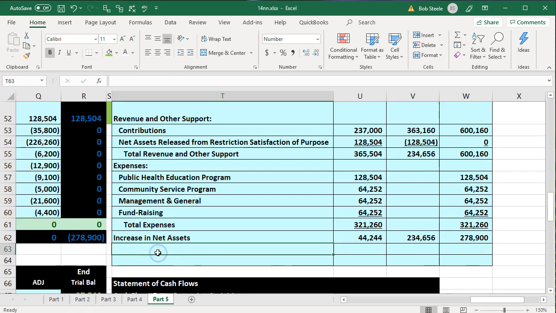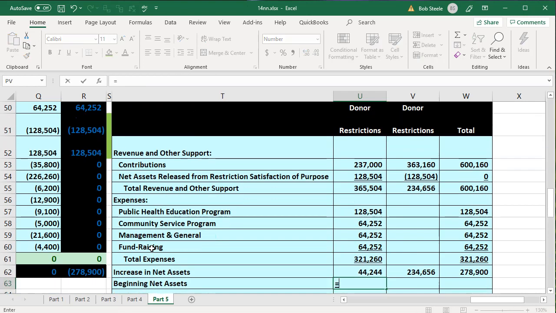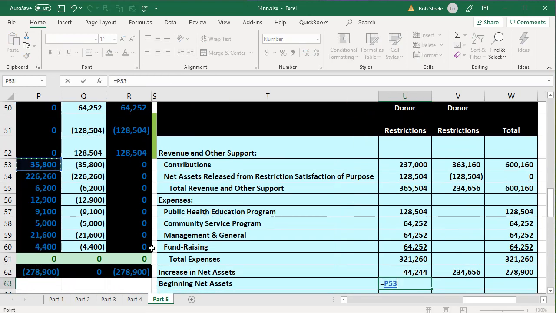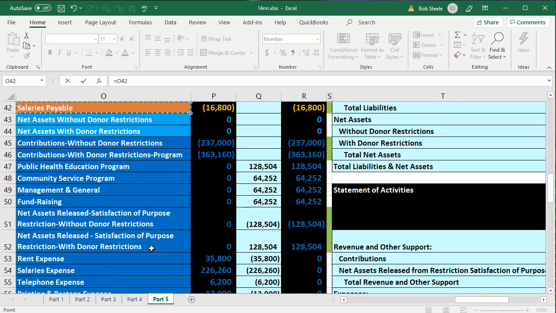Now we're going to basically tie this out to kind of like the equity section by giving us the beginning net assets, the equity section being kind of like the net assets, and the beginning without restriction. Now you'll recall this is going to be similar to a for-profit if we were making the financial statements. The beginning balance is basically where we started at. So that's going to be this number.